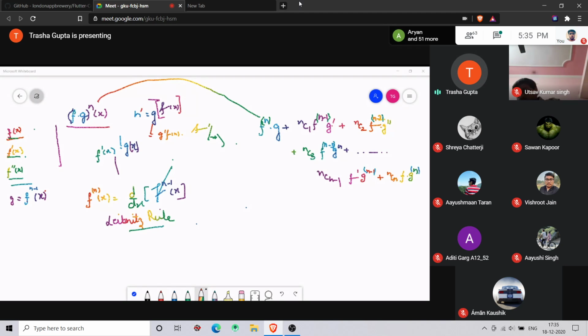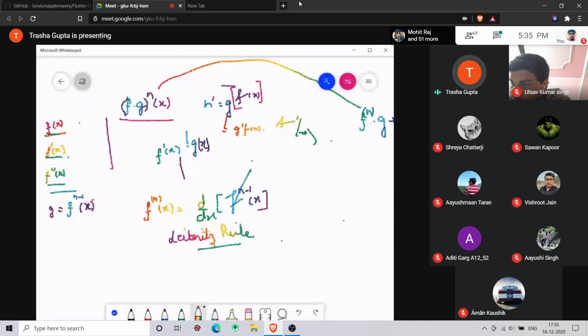Find the nth order derivative of the function y is equal to (3x plus 2) divided by (x square minus 2x plus 5) at the point x equal to 0.